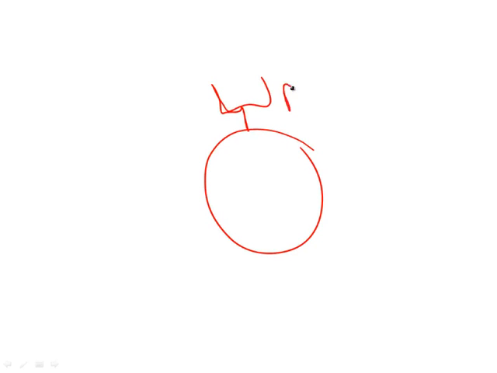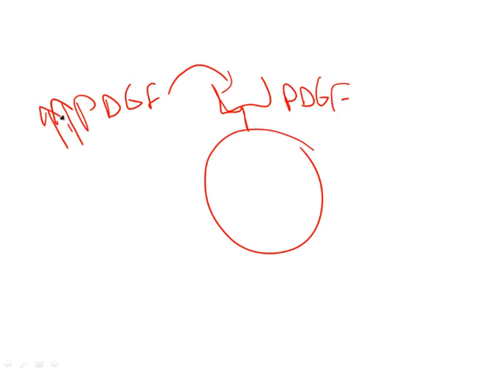Let's pretend that this is an astrocyte, and this astrocyte simply has a platelet-derived growth factor receptor. Normally, when platelet-derived growth factor binds the receptor, the astrocyte then divides. Now, what happens in this particular case is that you get a mutation so that the astrocyte begins to overproduce platelet-derived growth factor.